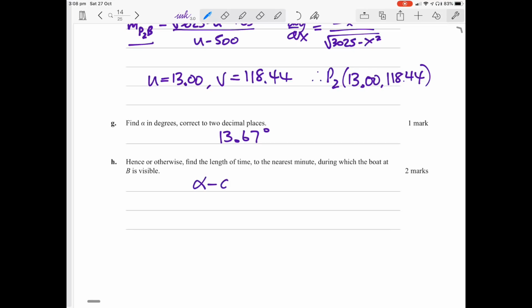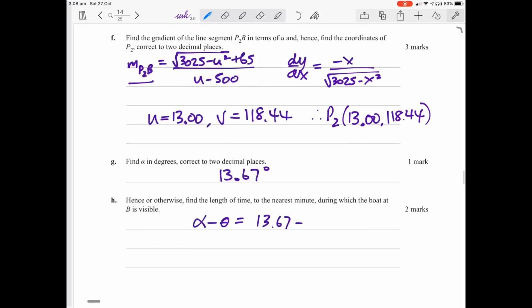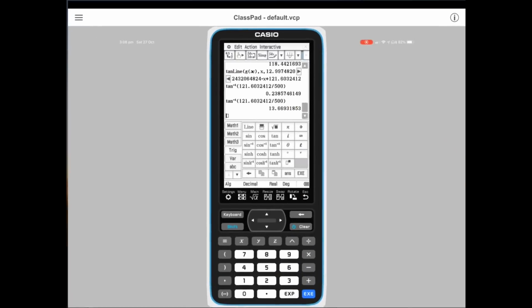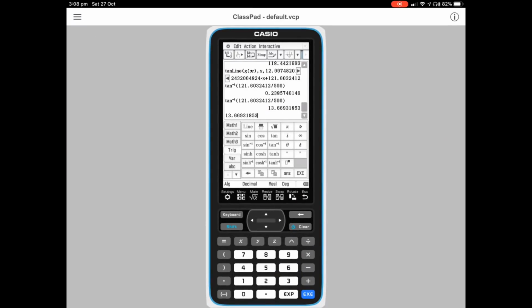So alpha minus theta gives us 13.67 minus 7.41. Okay, so 6.26 degrees, and the other one's 90.